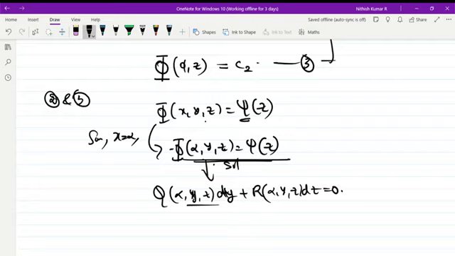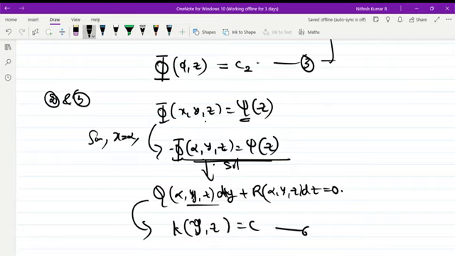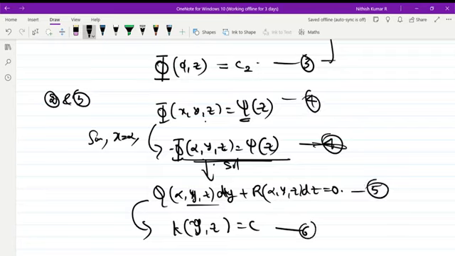Now, if we find the solution of this differential equation separately, it will be some function k of y, z equal to c. Let's name this equation 4, this one 5, and this one 6.